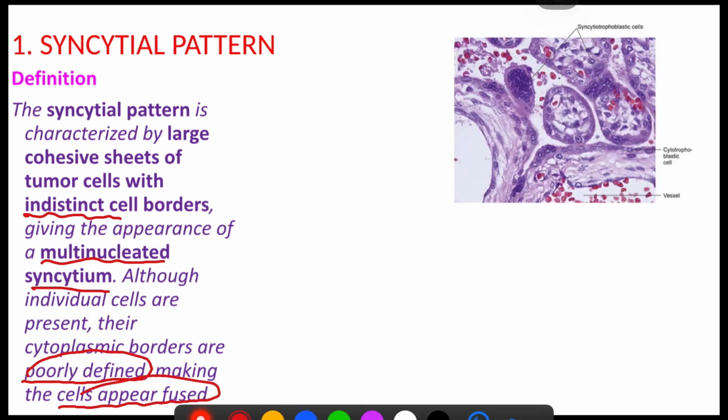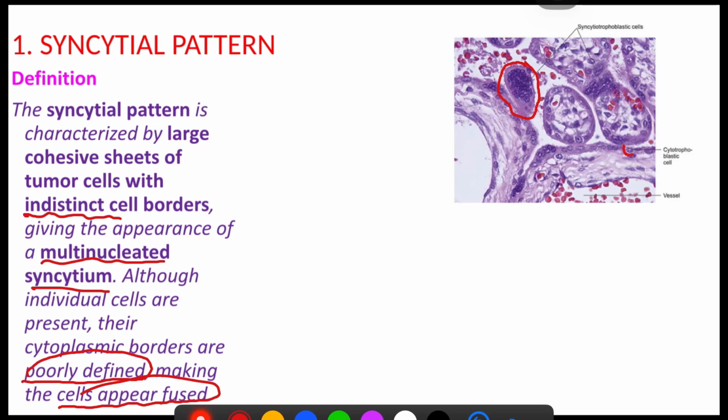In normal placental tissue, these are the syncytiotrophoblastic cells. These cells are merged together and there is no visible cytoplasmic border.